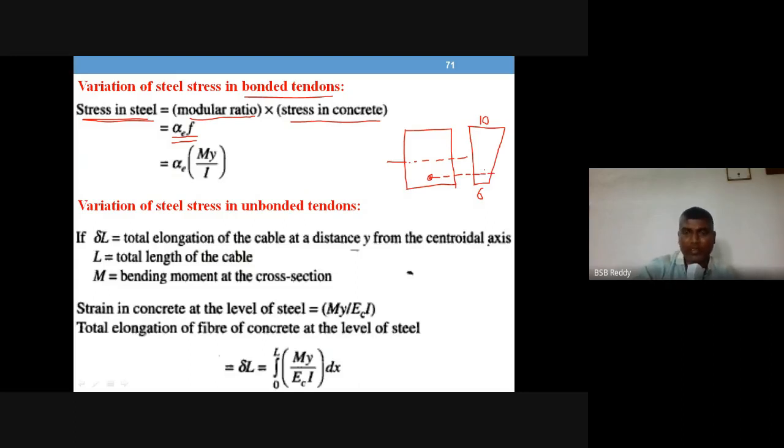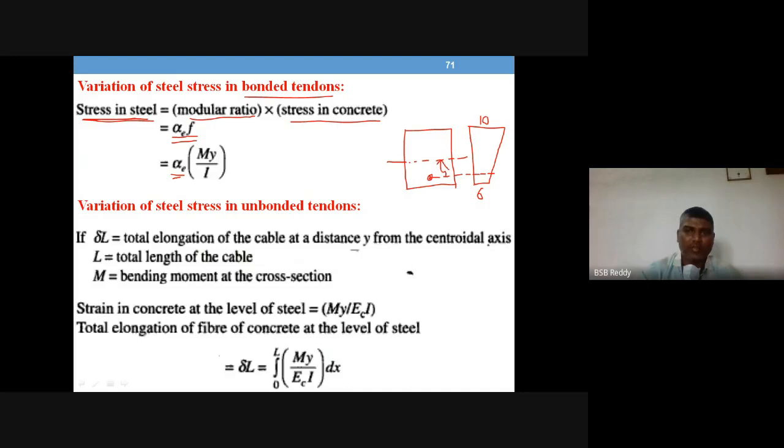Okay, got it. Multiply that stress with the modular ratio, and that will be converted to stress in steel. This is what is called composite action, utilization of the concept of composite action.